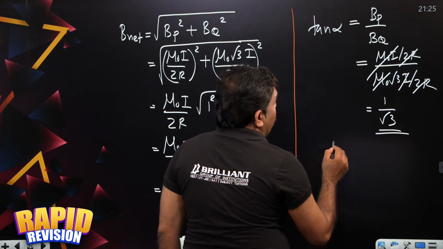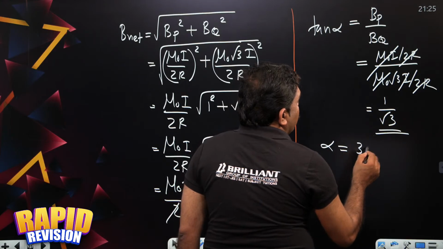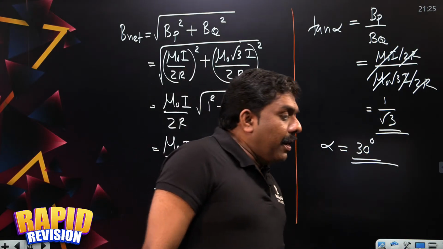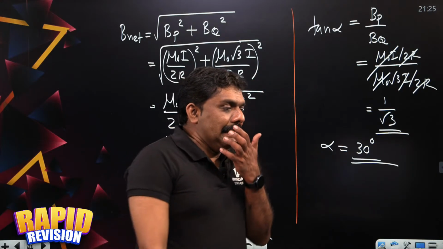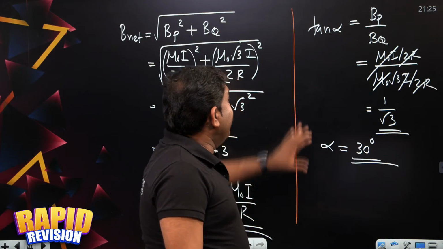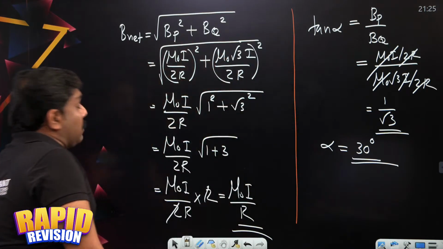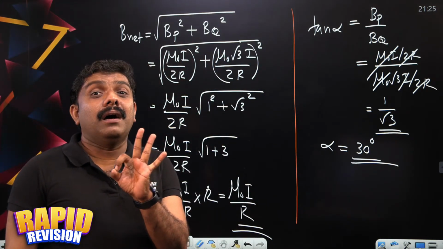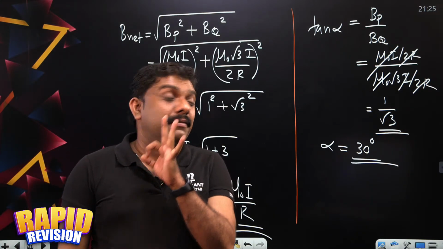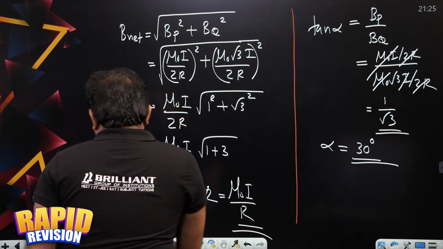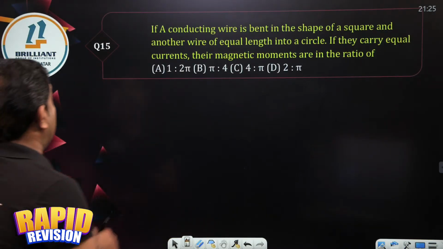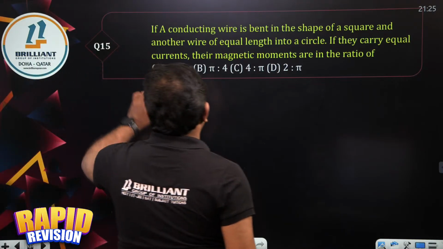So tan alpha is 1 by root 3, which means alpha is equal to 30 degrees. So this is how we find the direction. These circular loop problems are very, very important for the exam. See, this point we completed. Now we are explaining question 15. What is question 15?